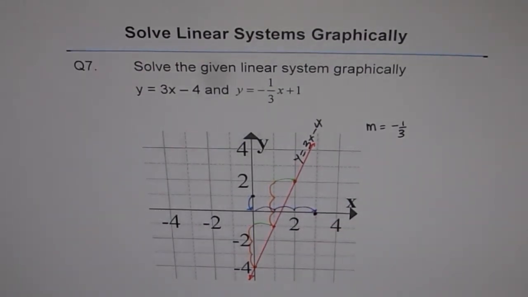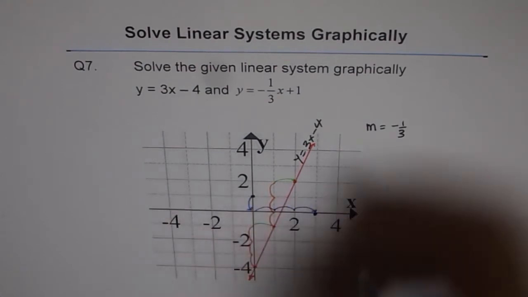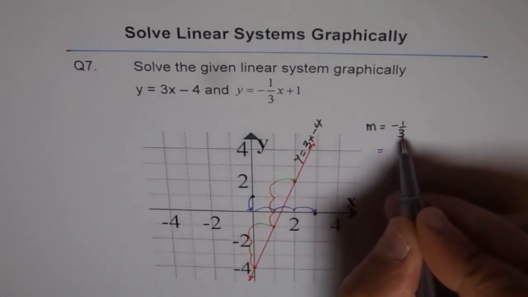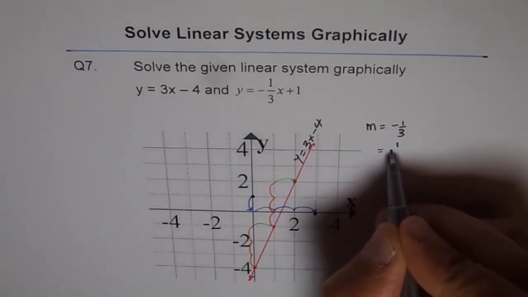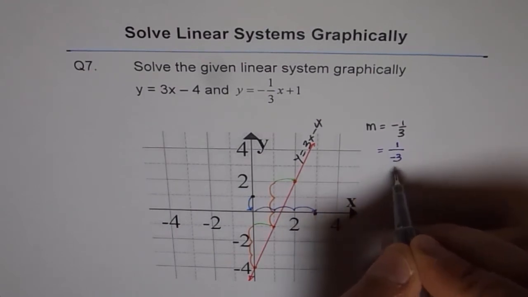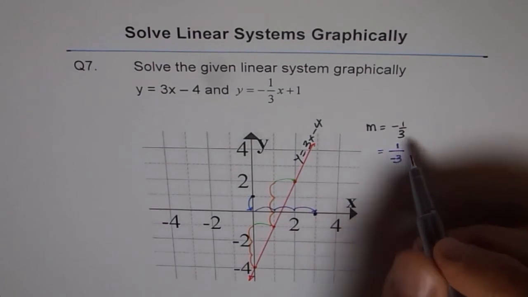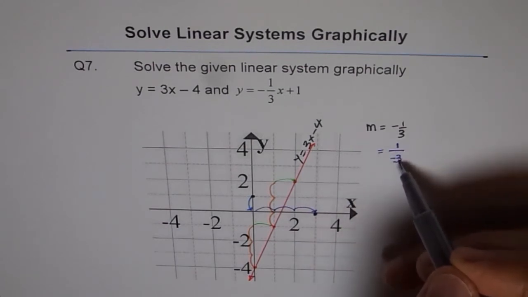And now, since we are running out of space on this side, we can try one on the other side. The other side means instead of taking the numerator as negative, we could take the denominator as negative. So we can write this as 1 over minus 3. That is the same thing, minus 1 over 3. So in that case, we'll go up by 1 and left by 3.